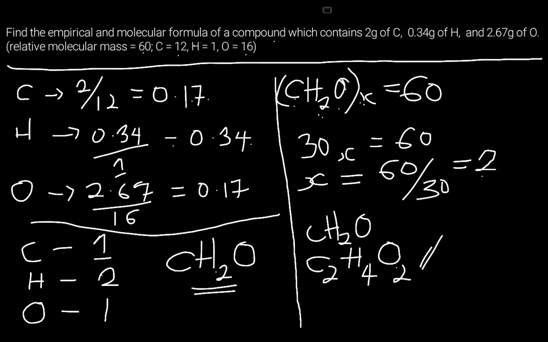If we want to rearrange this, we have an organic acid of this formula, CH3COOH. We have 2 oxygen, 4 hydrogen, and 2 carbon. So this is how you solve for the molecular formula.